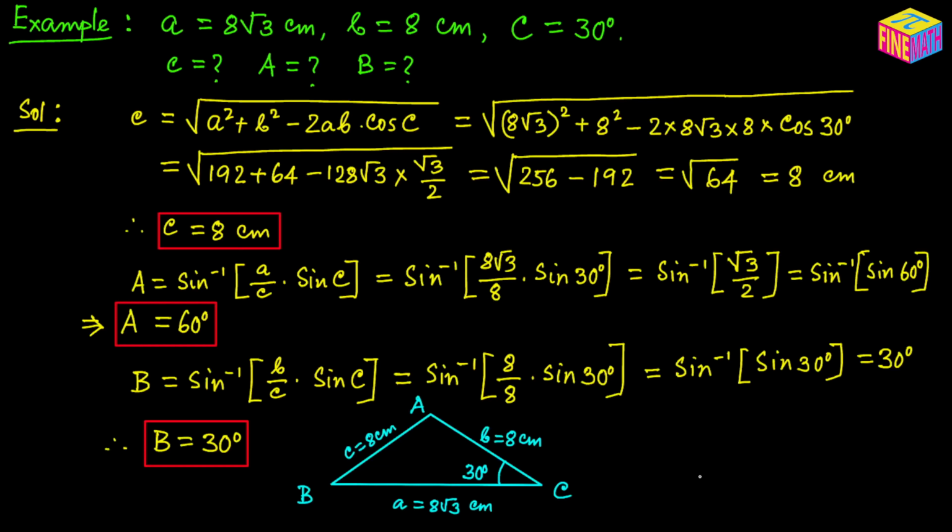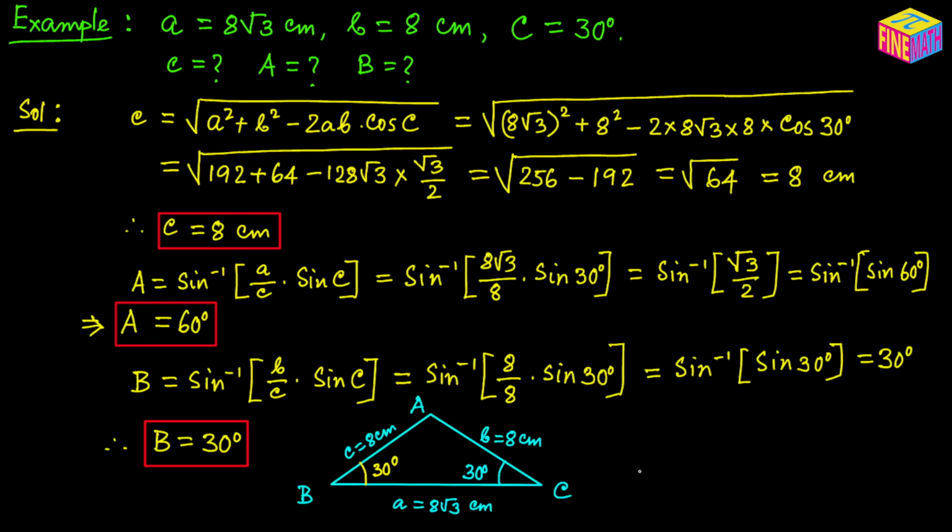Now if you look at this diagram, the two sides AB and AC, they are of equal length. That means it is an isosceles triangle. That means angle B will be equal to angle C. So we can say that angle B will also be 30 degrees. Now if angle C and angle B are 30 degrees each, then what would be the size of the angle A?